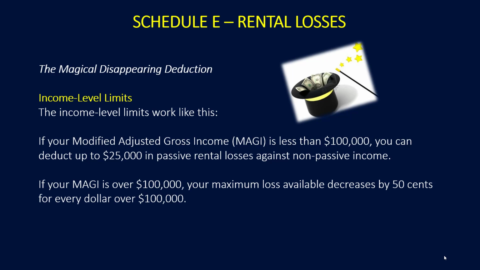If your modified adjusted gross income is over $100,000, then your maximum loss available is decreased by 50 cents for every dollar over the $100,000. The maximum loss is completely phased out at $150,000 in income.